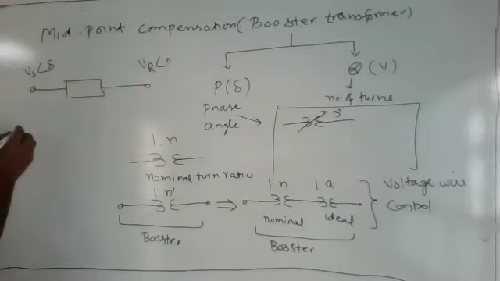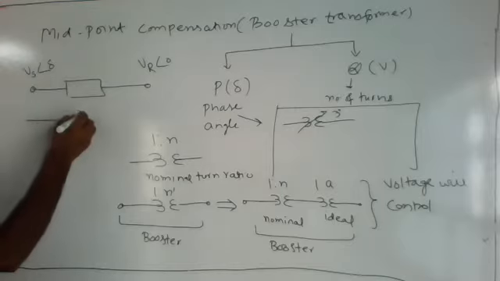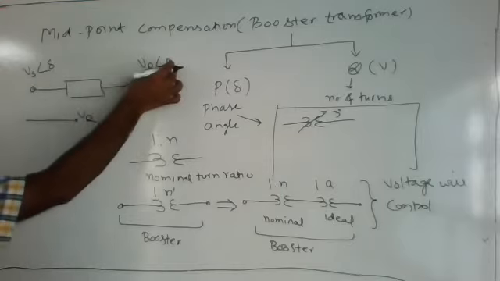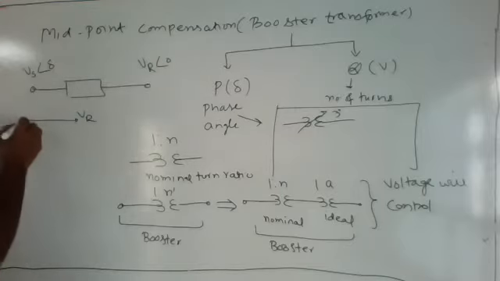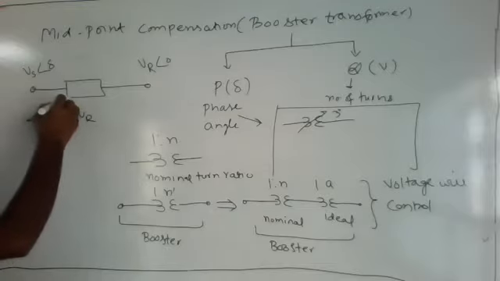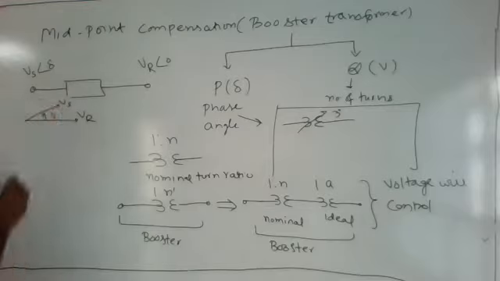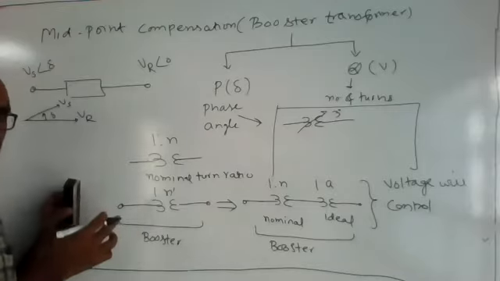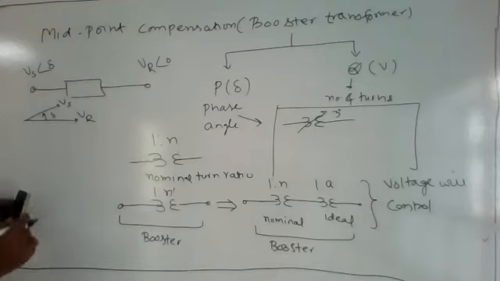Then what is Vs? Suppose this is Vr, this is a magnitude, this is angle 0, and this is leading by an angle delta. These are Vs. So this is the angle delta. So how much angle is adjusted between primary and secondary voltage? And that can also be a power factor angle.